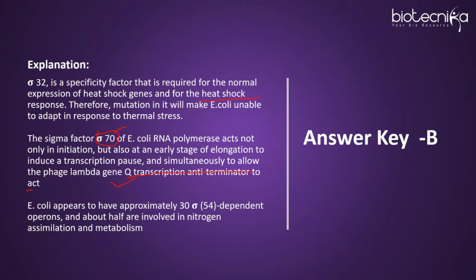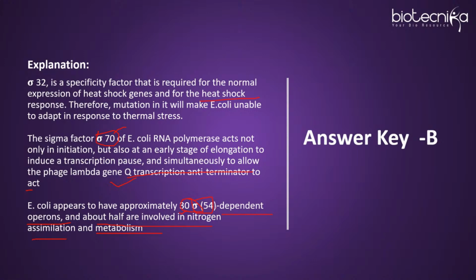Then coming to E. coli, it appears to have approximately 30 sigma factors. Sigma 54: this particular form of sigma factor has around 30 sigma 54-dependent operons in E. coli, and about half are involved in nitrogen assimilation and metabolism.